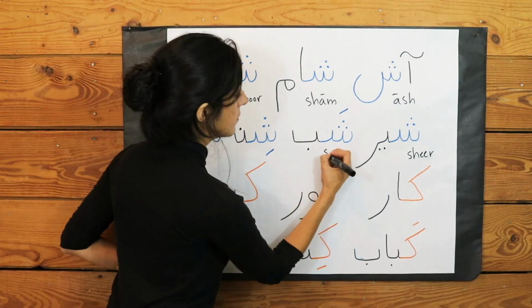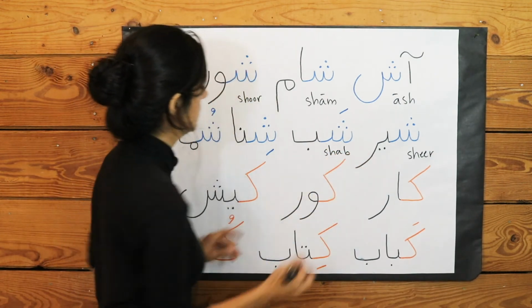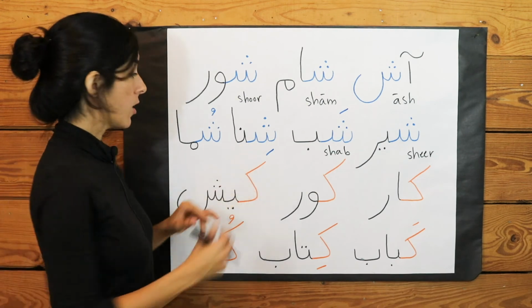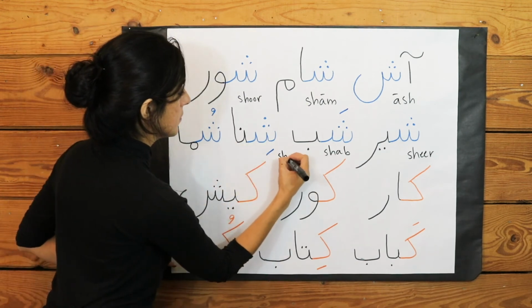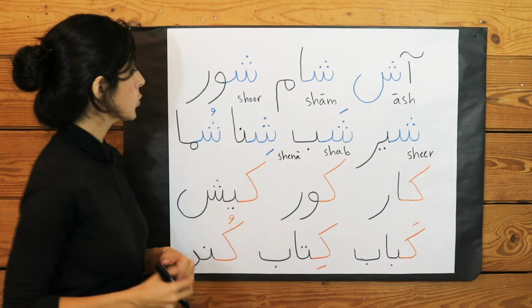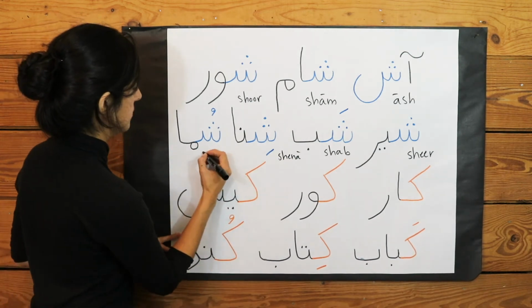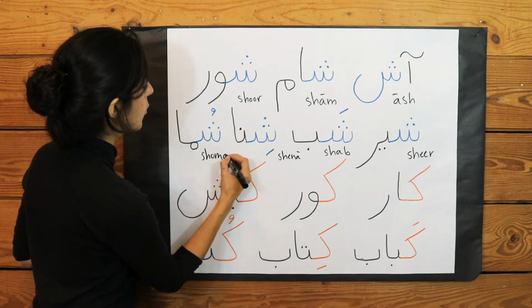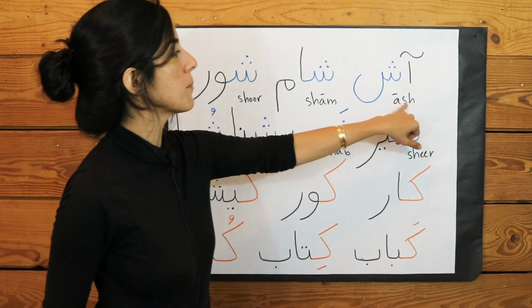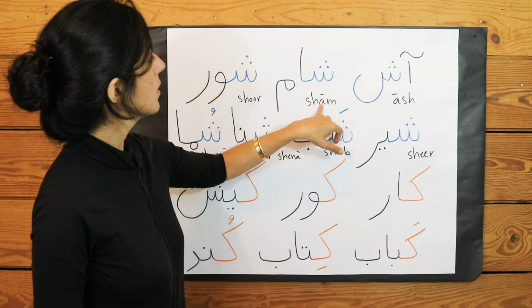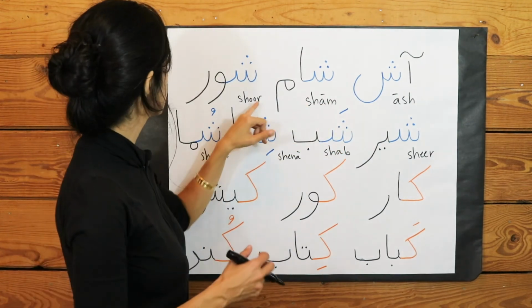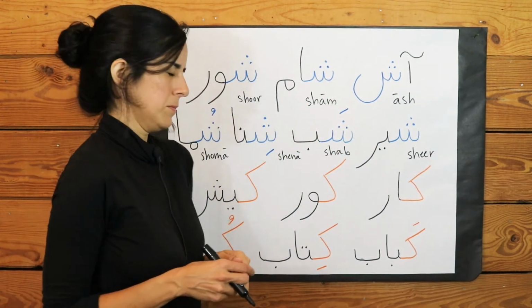Shab, meaning night. Shena, meaning swim. And shoma, meaning you, formal. And these, again, ash means soup. Sham means dinner, and shur means sour.